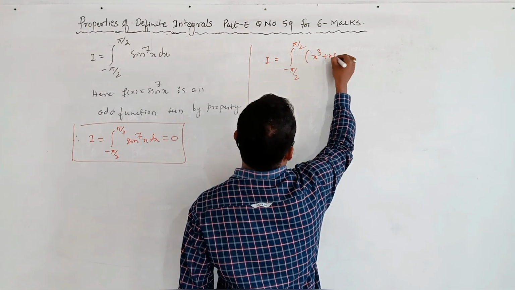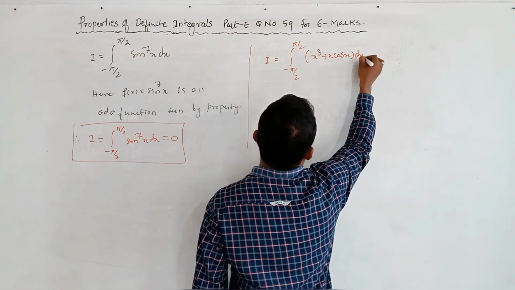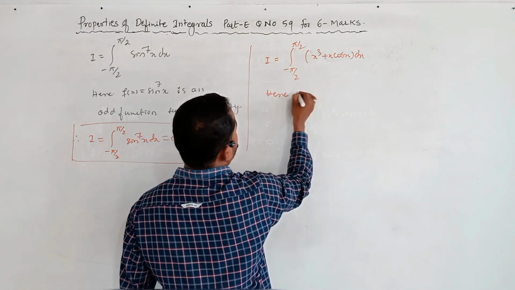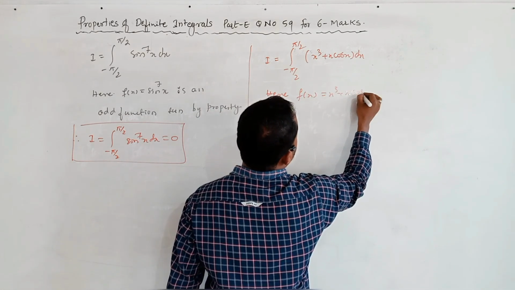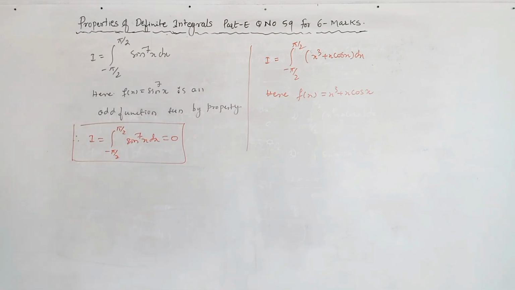Here f of x is equal to x cube plus x cos x, which is an odd function.